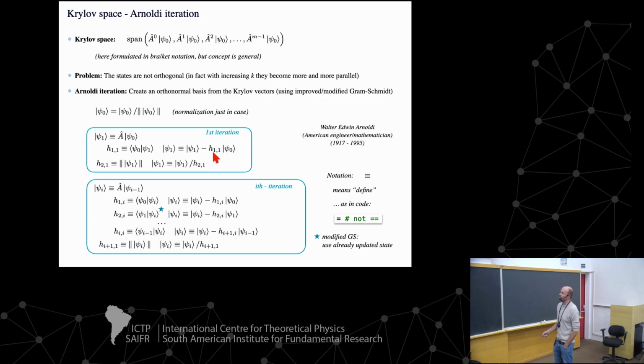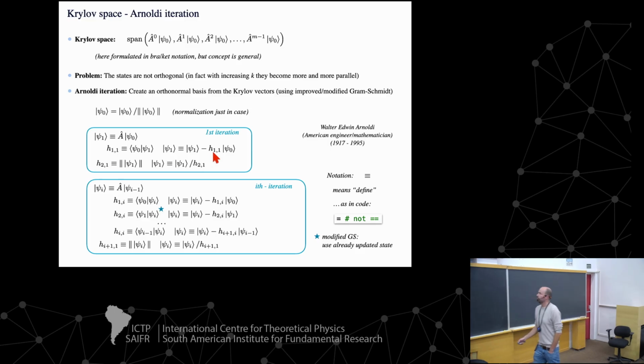proportional with the overlap that this state has in psi1. Right, so the idea is I compute the overlap between psi0 and psi1. This is just a number, right, an inner product between psi0 and psi1. This number I call h1,1. You will see later why I just use this notation. But for now, it's just a choice.